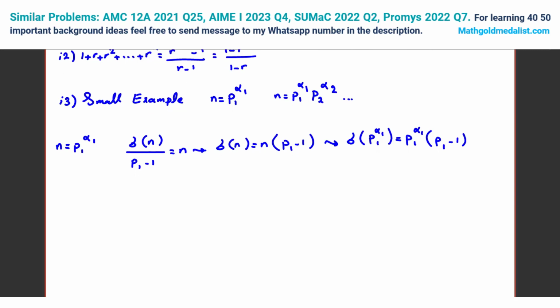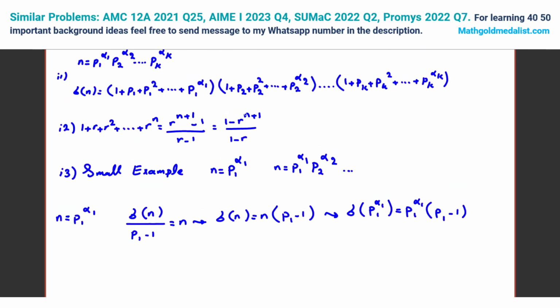Okay, so here we know sigma of p1 to the alpha 1 is what? By the formula, by idea 1, it is 1 plus p1 plus p1 squared up to p1 to the alpha 1. It is equal to p1 to the alpha 1 times p1 minus 1. And let me tell you something.